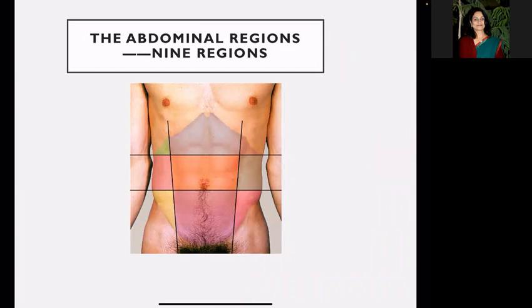You can see clearly in this diagram the 9 regions, although this horizontal plane is not correct, it should be over here, so that this is umbilical, this is epigastric, and this is hypogastric.